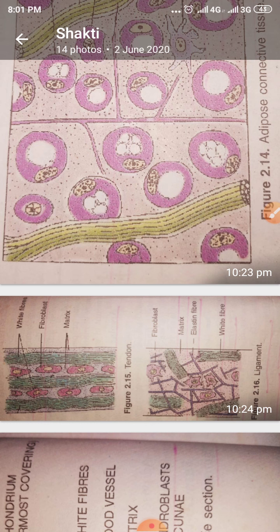There are only fibroblast cells in the row, and the matrix is present around them. That tendon has great strength but limited flexibility.